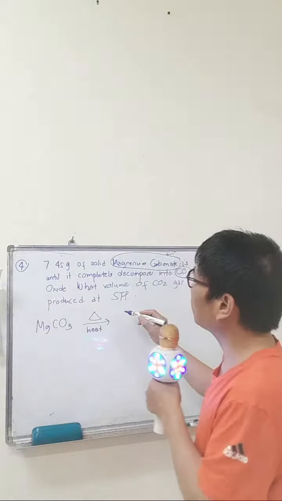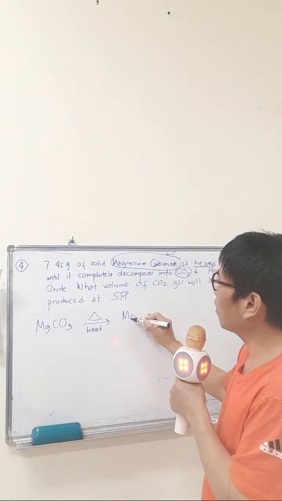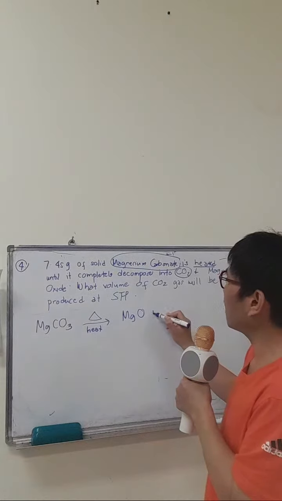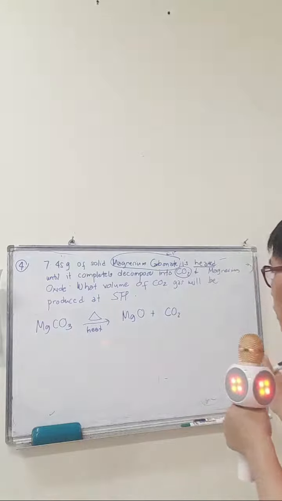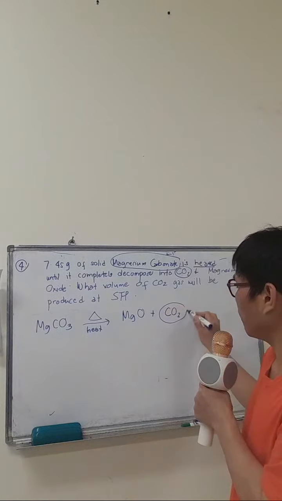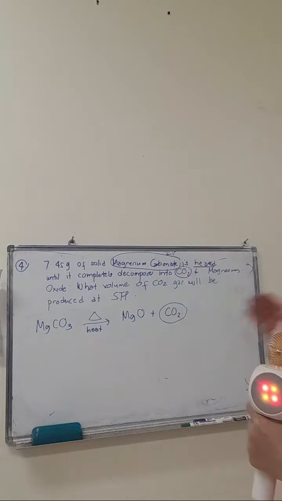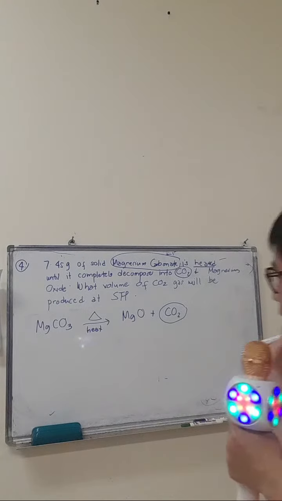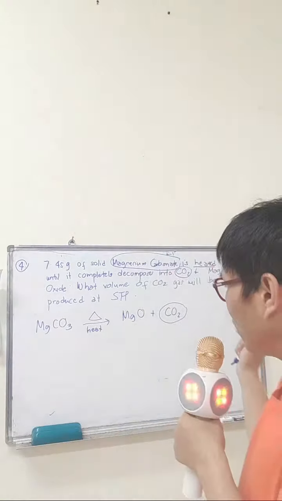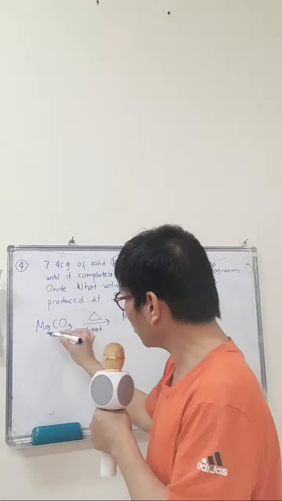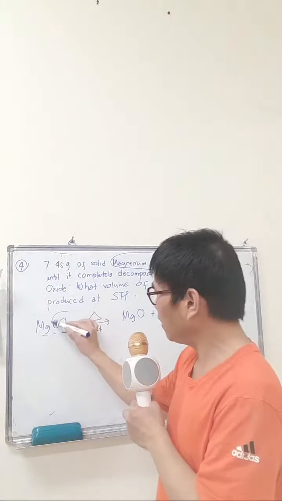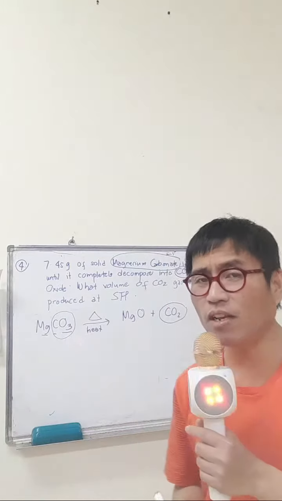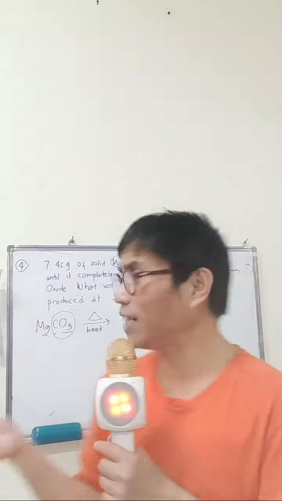Okay, it will become magnesium oxide plus CO2. Now you should put the CO2 first, so that the remaining will be adjusted. What do I mean by adjusted? Meaning, you estimate the oxygen, the magnesium, the carbon. Because in this case, guys, if there is a carbonate, by theory and principle, it will yield carbon dioxide immediately.